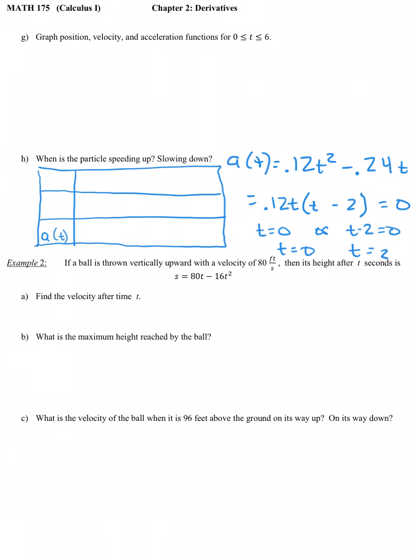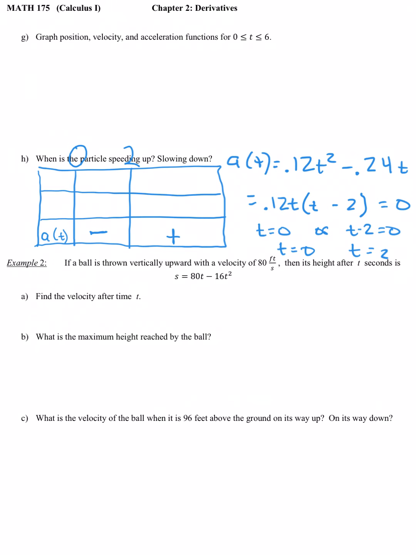And then if you remember, we found the zeros. I'll put 0 here, and I'll put 2 here. And we tested values yesterday and found out acceleration was negative between 0 and 2, and it was positive between 2 and infinity. So that's still all good.